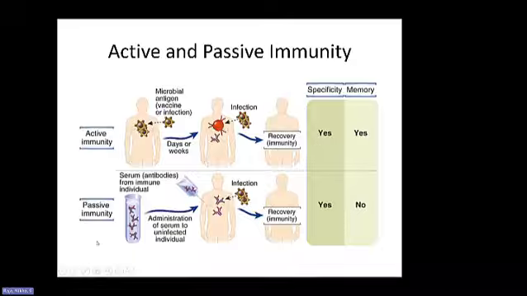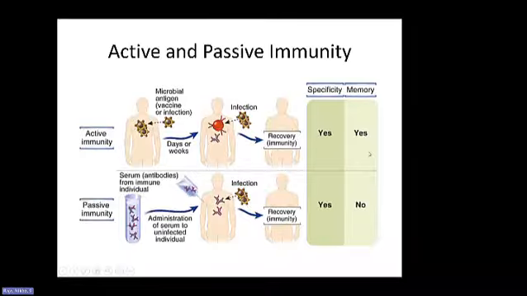Compared to passive immunity, where, say, antibodies are administered directly to a particular infection. So that might not be able to adapt over time. It's just that there is administration of the antibodies given to an individual, because of which it will protect that person against that infection and provide immunity and the immune response.